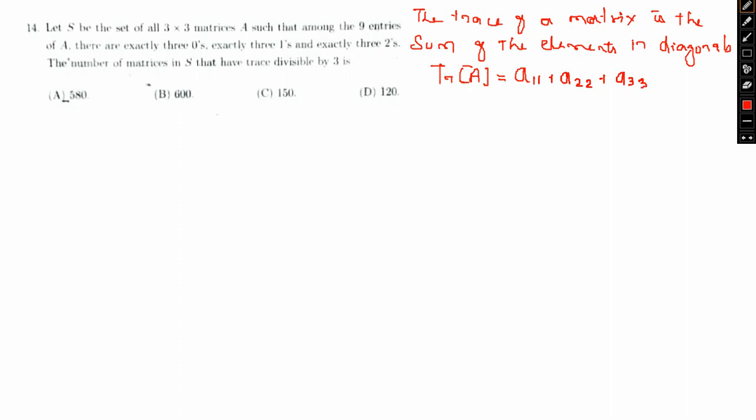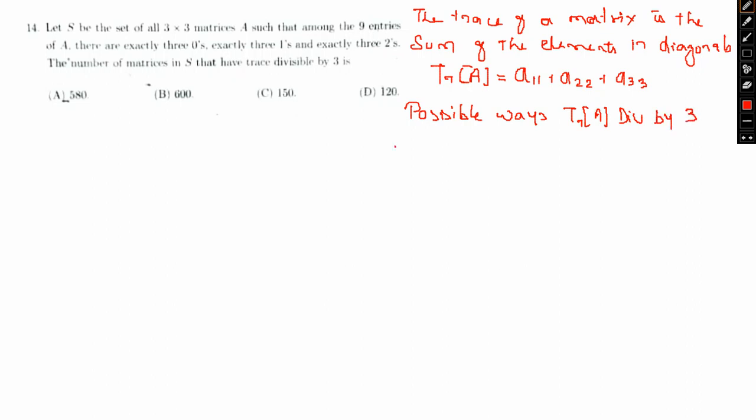Now if we take a look, the number of possible ways in which trace of A is divisible by 3.